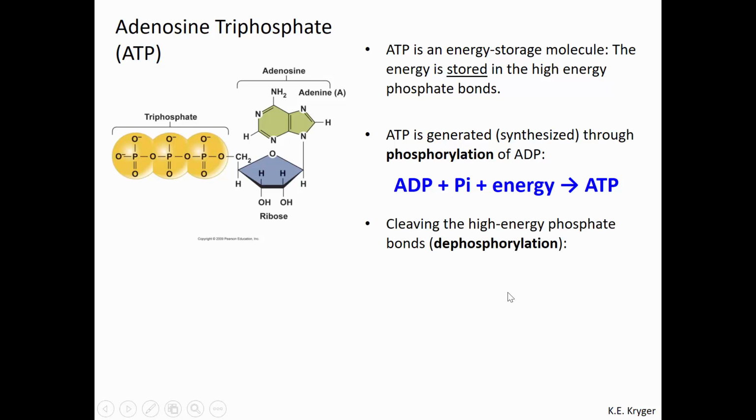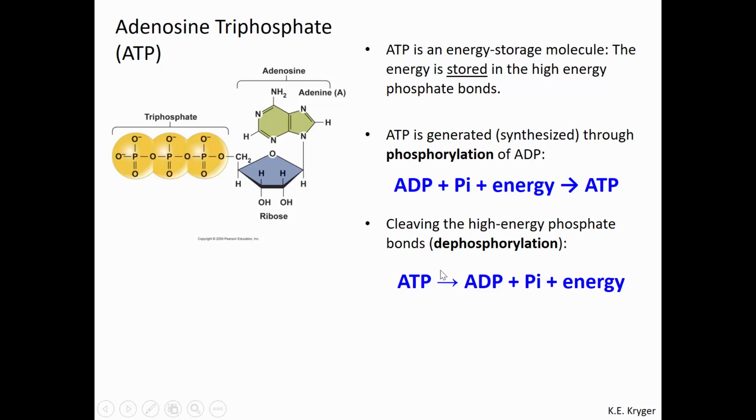Conversely, whenever the energy is needed from ATP, we can cleave that high energy phosphate bond, and that is called dephosphorylation. The D indicates to undo, like depolarize, you're undoing the polarization. Here it's dephosphorylation, so we're going to break apart ATP and remove a phosphate. We represent this as ATP yields adenosine diphosphate plus inorganic phosphate plus energy.